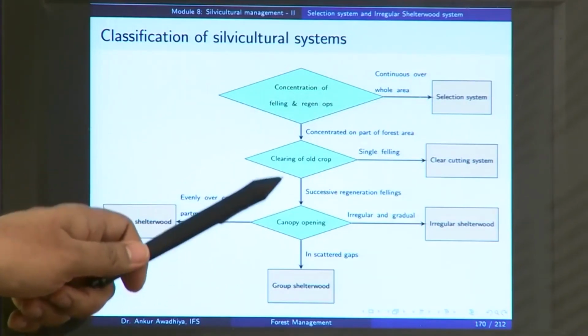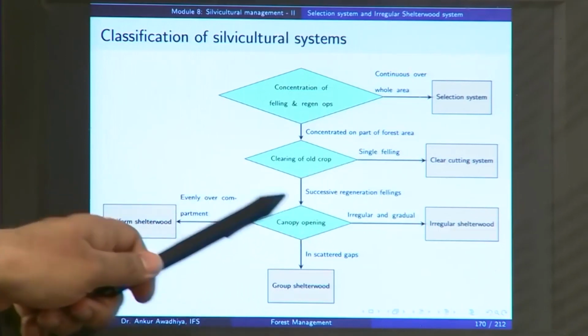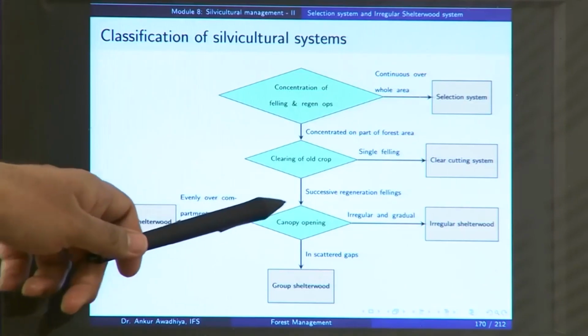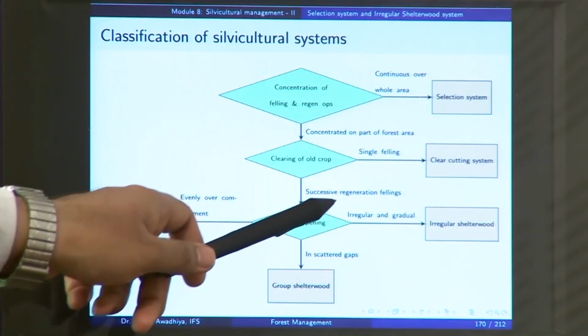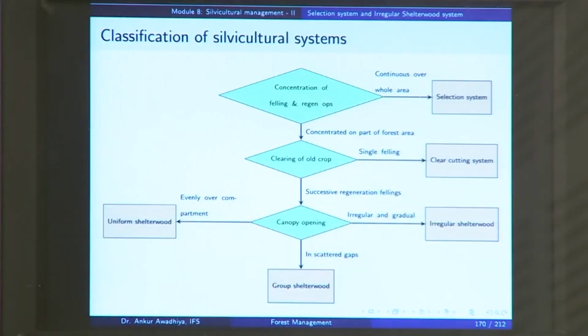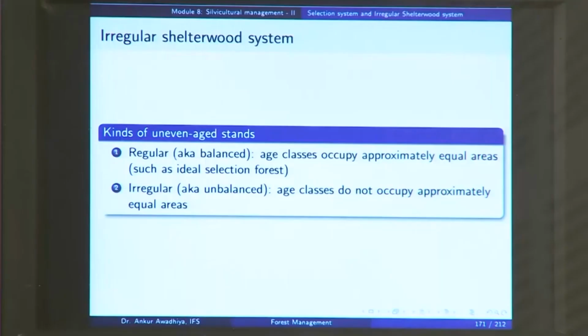The clearing of the old crop happens in successive regeneration fellings, as in the case of other Shelterwood systems, and the canopy opening is done in an irregular and gradual manner, and in that case you have an irregular Shelterwood system. So, this is a Shelterwood system in which you are maintaining a shelter of the old crop, and you are doing your operations in such a manner that you maintain the irregular characteristic of the forest.